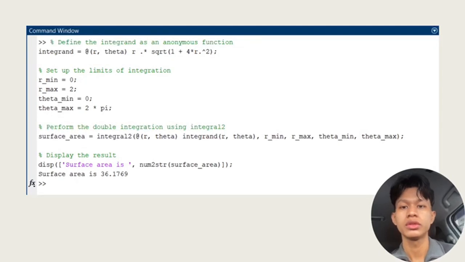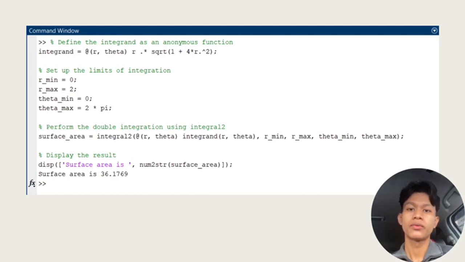So for this question, we need to find the surface area of the paraboloid z equal to 5 minus x squared minus y squared, above z equal to 1, by using a double integral. Here I am using MATLAB for our simulation. First of all, we need to determine the region of integration. Set z equal to 1, as we know the paraboloid has an intersection at z equal to 1.